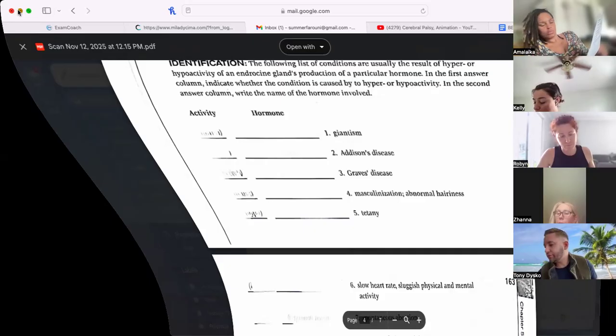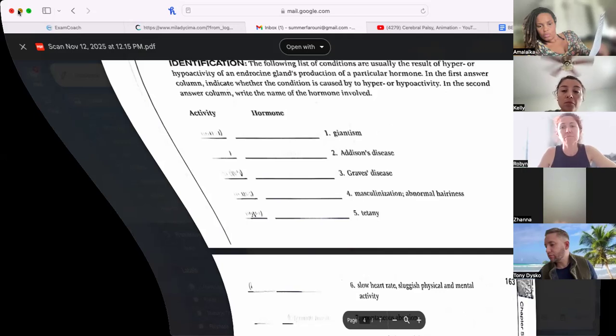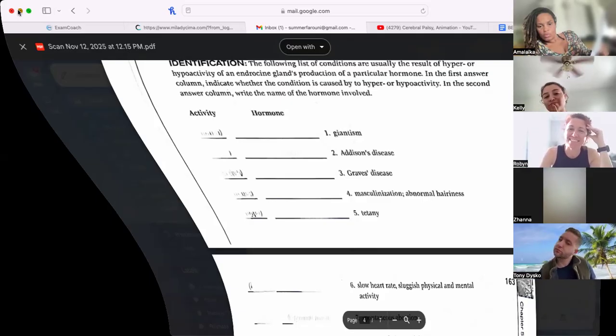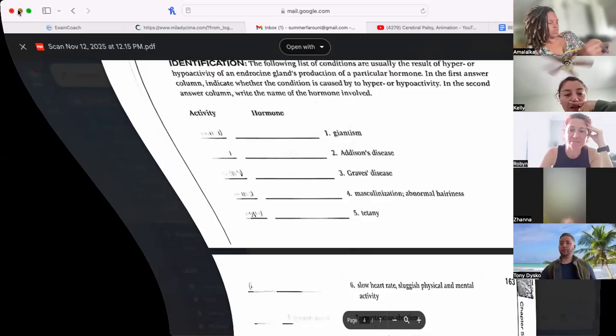Okay, would you like to highlight in the book or create flashcards? Where's the book? Flashcards. Am I going too fast? Highlight? Let's see, where's the book?